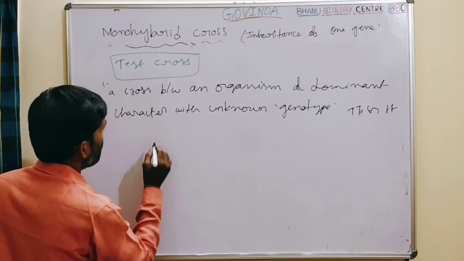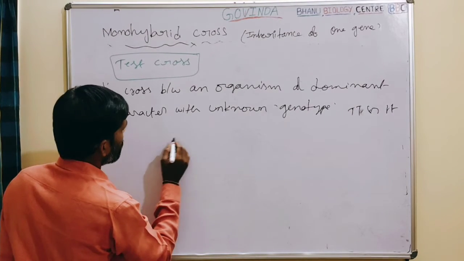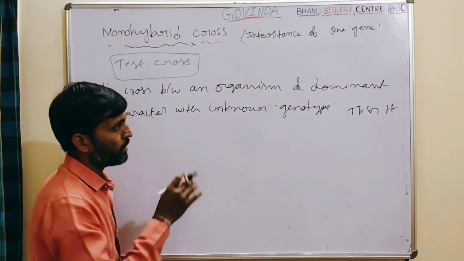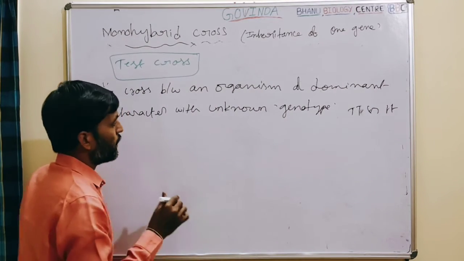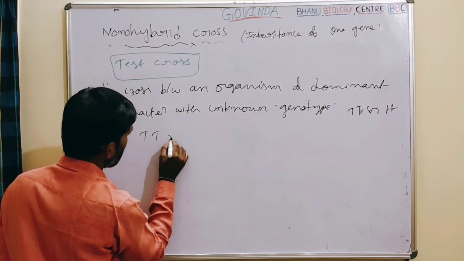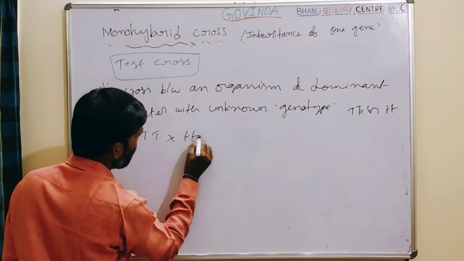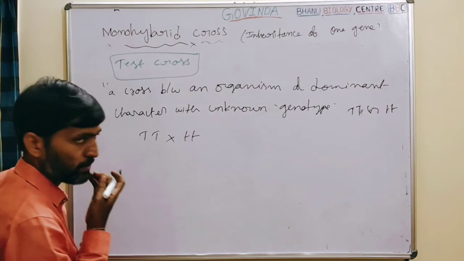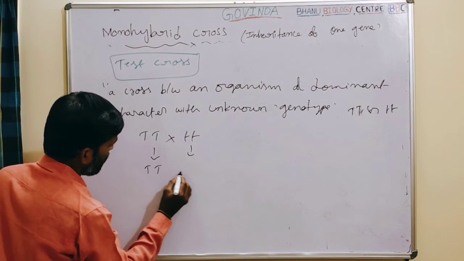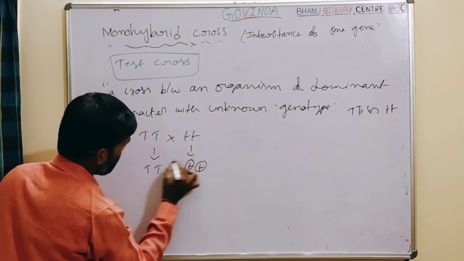Right, so already I told you there are two chances, capital T capital T and capital T small t conditions. First we take capital T capital T and cross it with the always recessive parent. So gametes: capital T, small t.